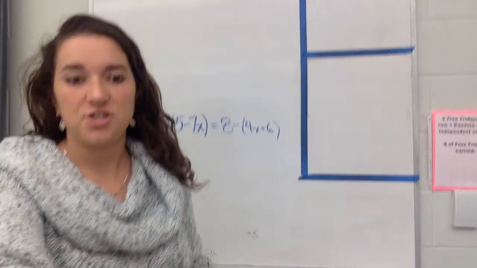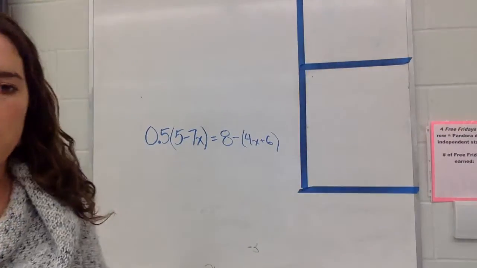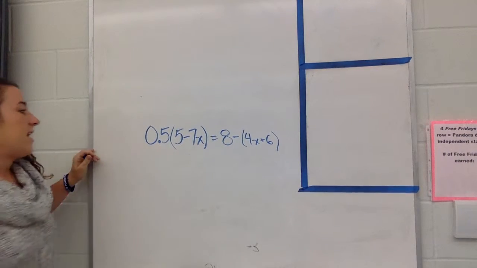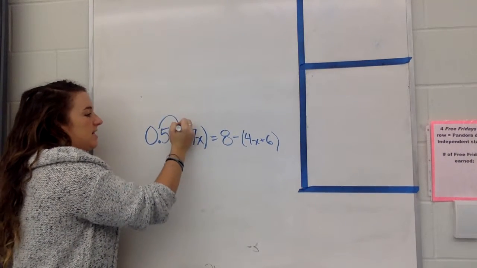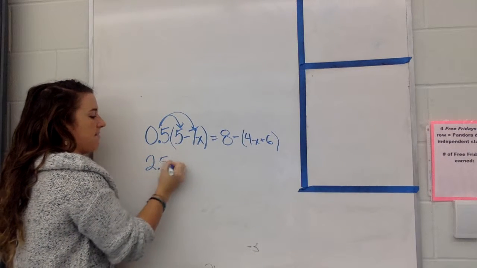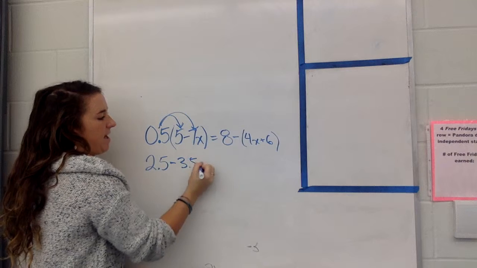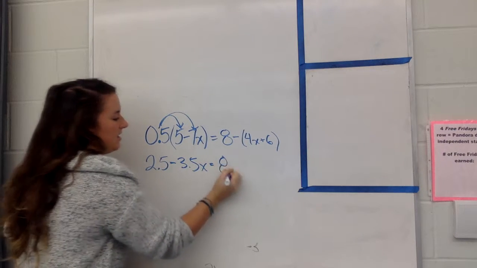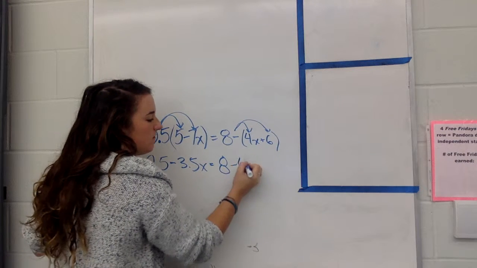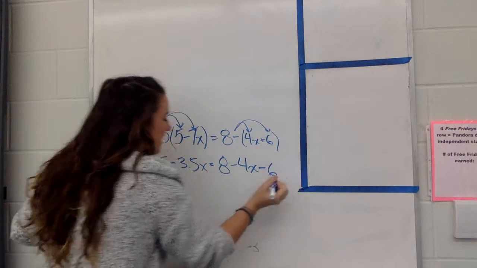The last problem is the challenge problem, so go ahead and try it on your own before we go over the answer together. All right, so looking at this problem, you need to start on this side by distributing. You'll end up with 2.5 minus 3.5x equals 8. Then we need to distribute over here. -4x minus 6.